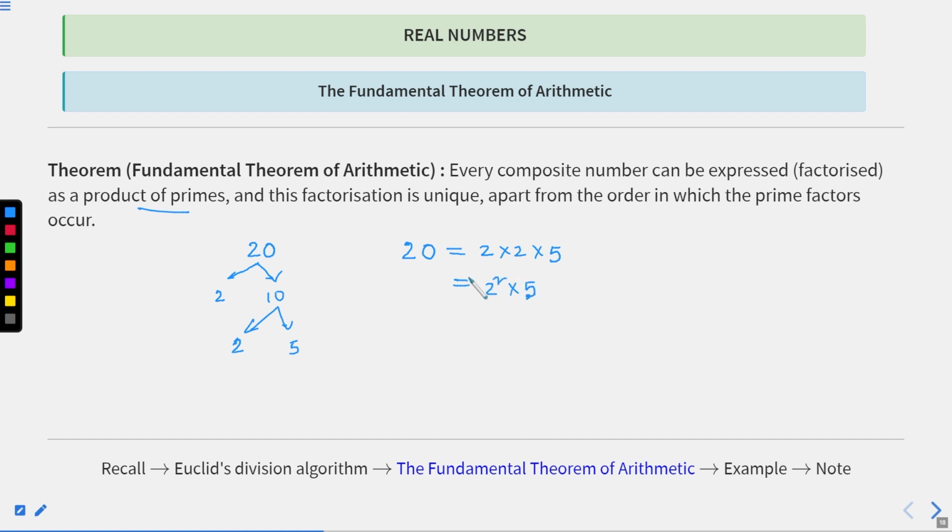So 20 is a composite number, expressed as a product of primes, where 2 and 5 are prime factors of 20.